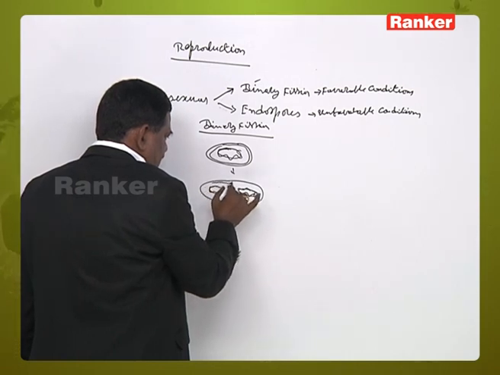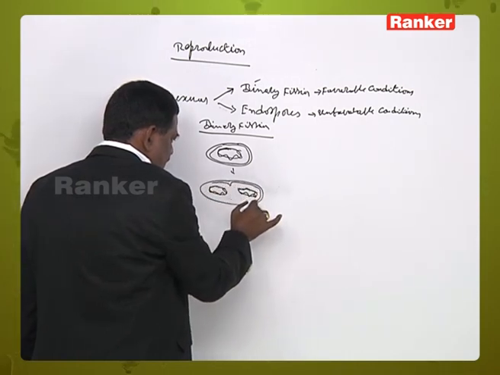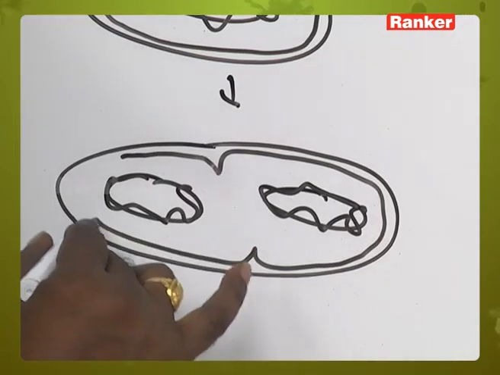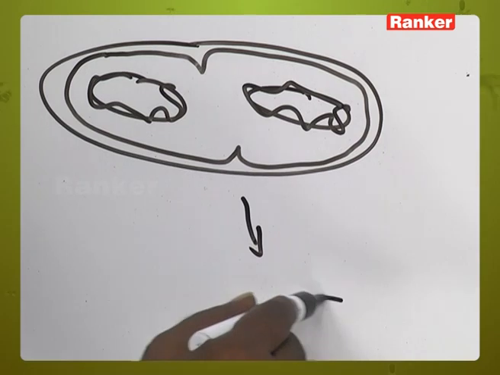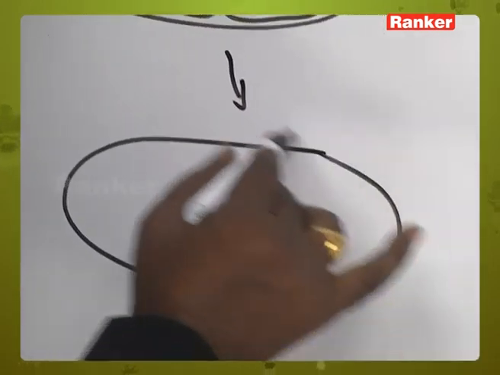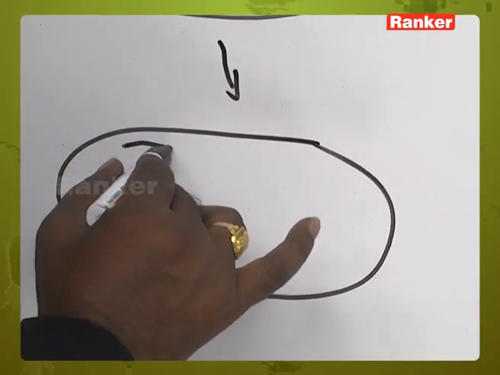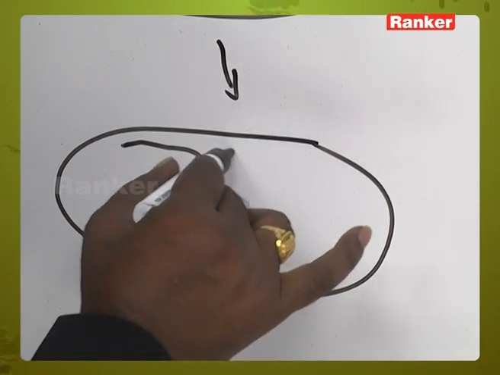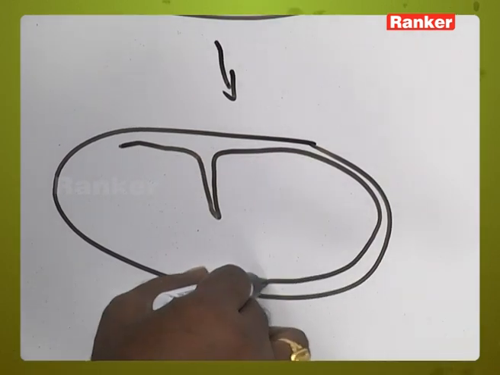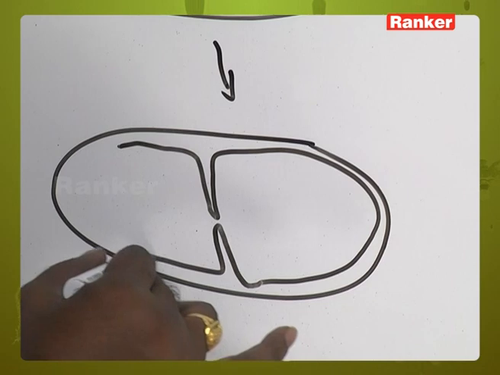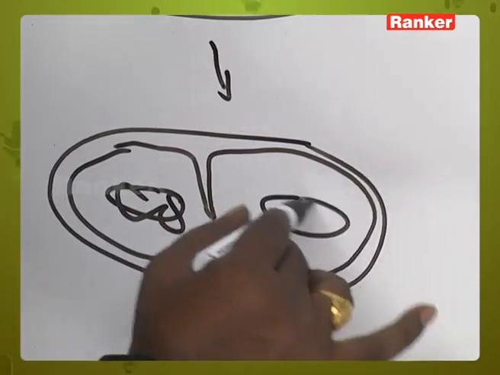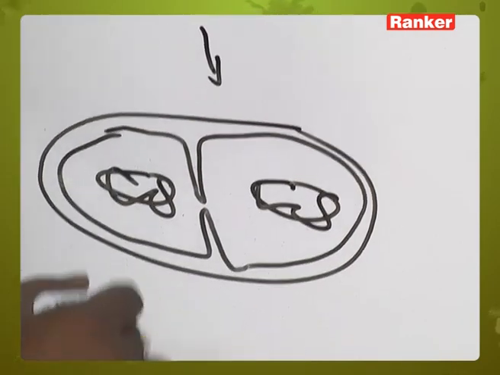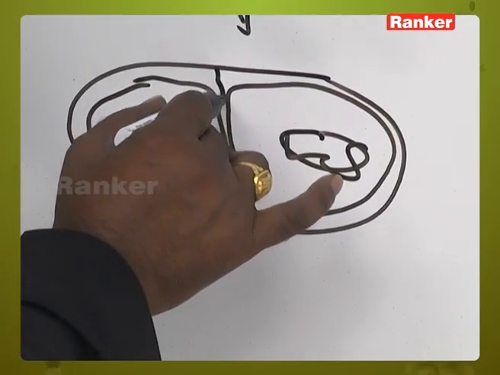A small invagination occurs in the plasma membrane in the middle of the cell. This invagination gradually grows centripetally. Along with it, the cell wall also grows into that groove.